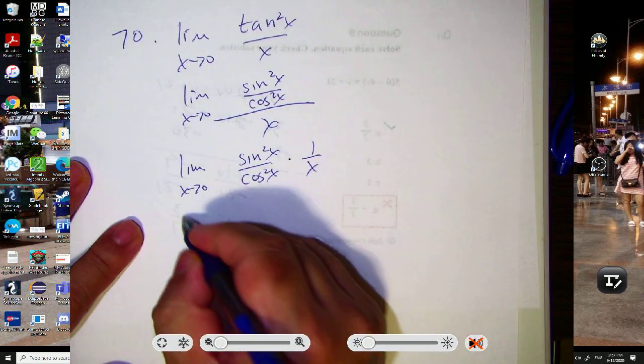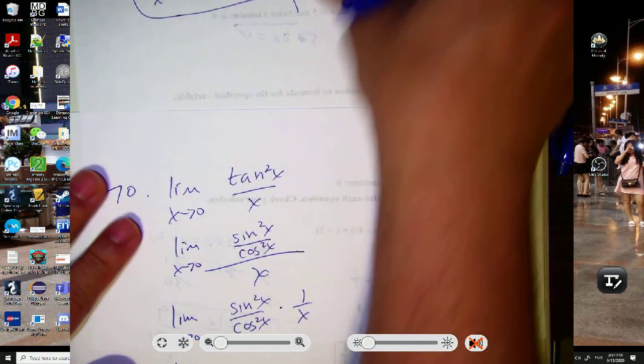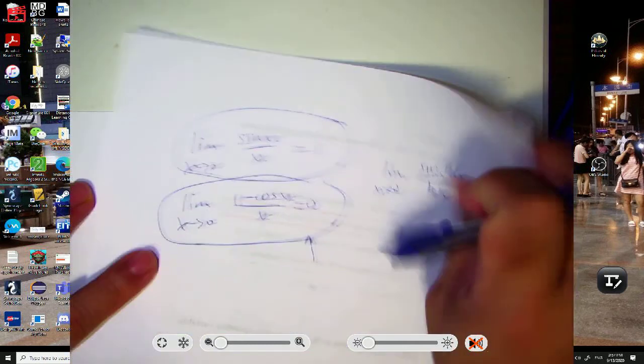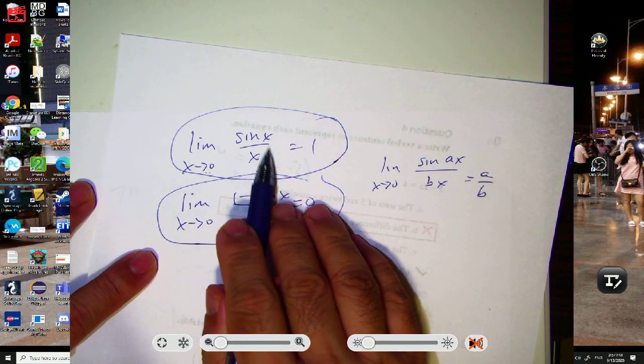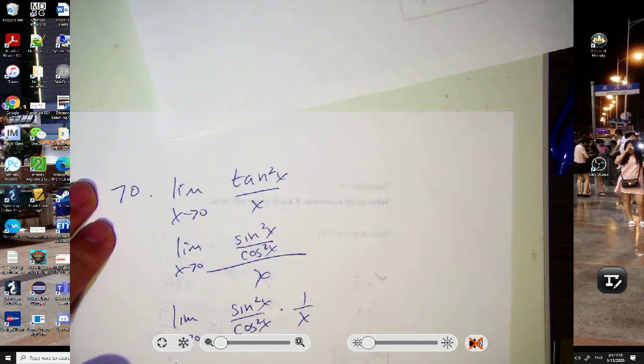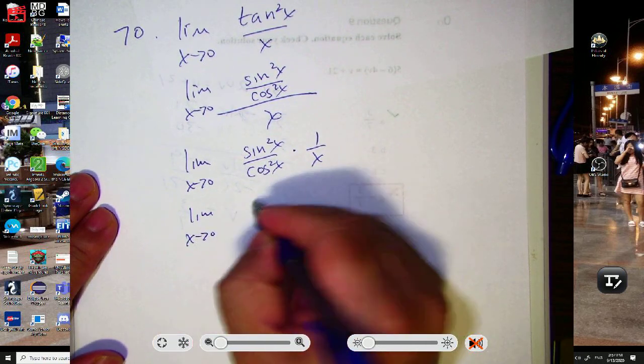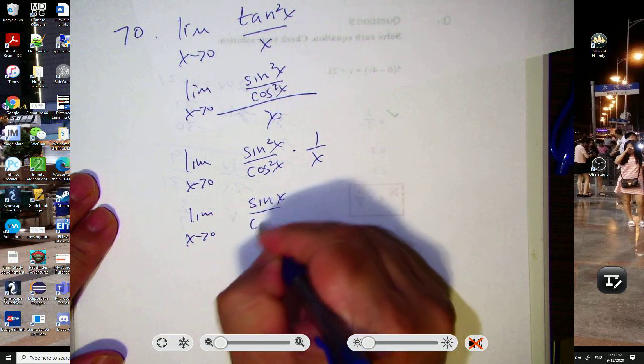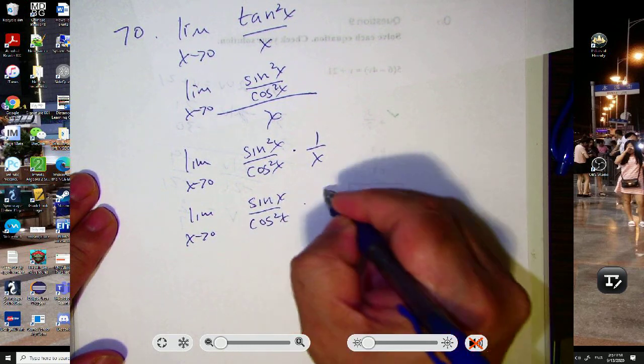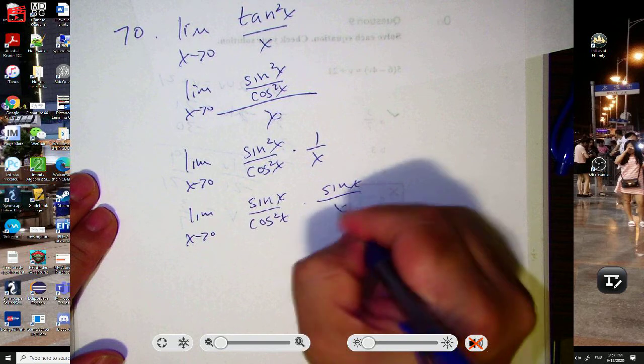And then I'm going to try to get this thing out of it, right? I'm getting the sine x over x out of it. So it's sine x over cosine squared x times sine x over x. So I've taken that out.